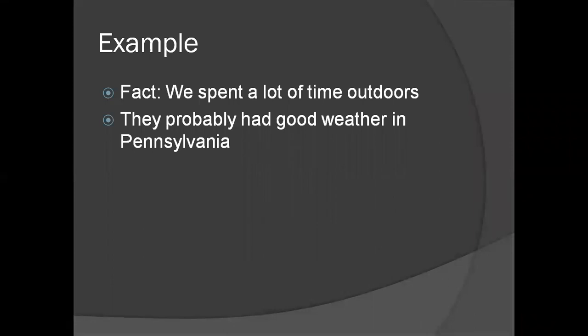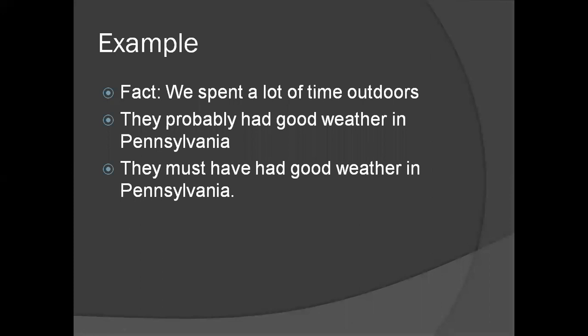Possibility is that they probably had good weather in Pennsylvania. Then: they must have had good weather in Pennsylvania. Here there is no modal use in the first, and here I'm using they must have had good weather in Pennsylvania.